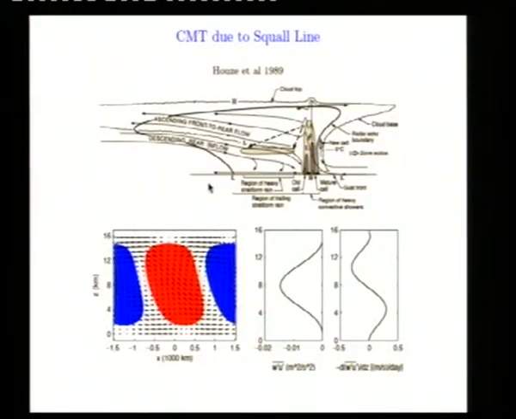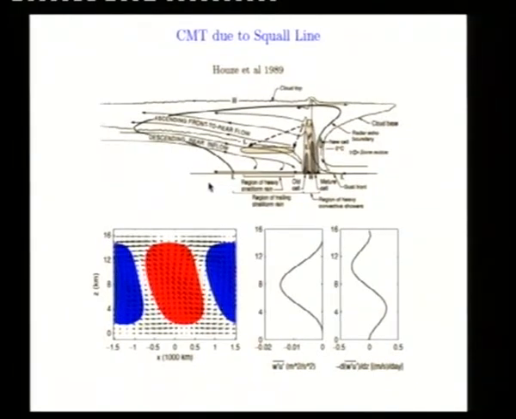Just to set the stage, this is the basic picture of convective momentum transport of an organized convective system. This is momentum transport from a squall line. This is just a cartoon of a squall line to show the tilted updraft and also descending inflow. When you have a tilted updraft like this, it gives you correlations between horizontal and vertical velocity, W prime, U prime.